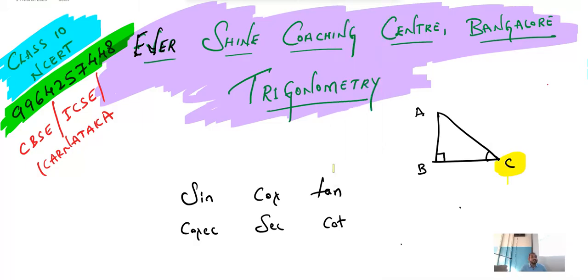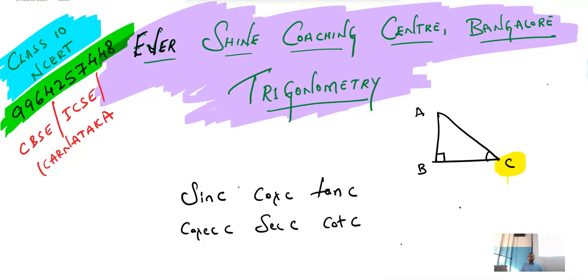Angle C. The acute angle is angle C, right? If they have not given any name for the acute angle, in that scenario, you are supposed to write sin C, cos C, tan C, cosecant C, secant C, cot C. If the name of the acute angle is not given, then you are going to use the corresponding alphabet as the name of the acute angle. So please be careful with this step.